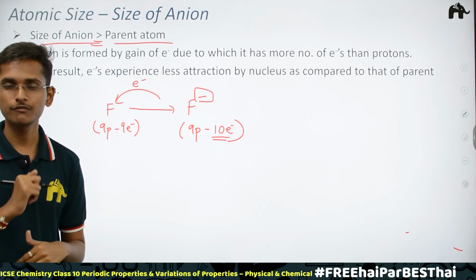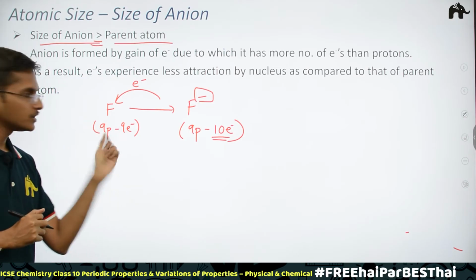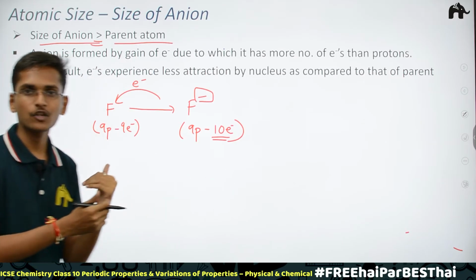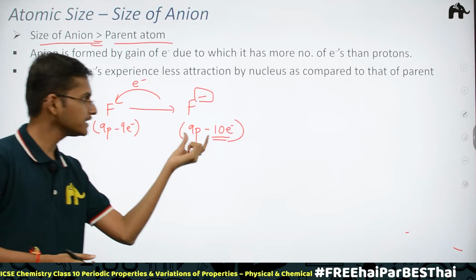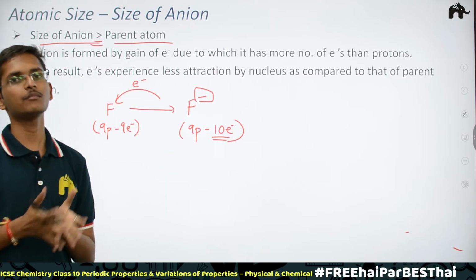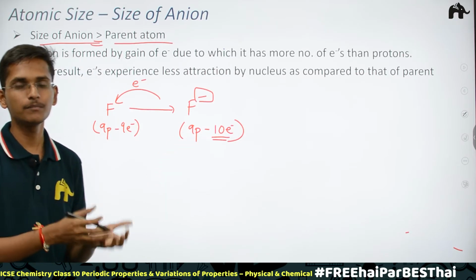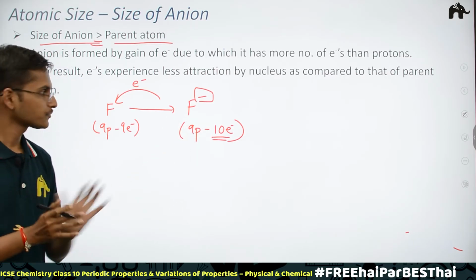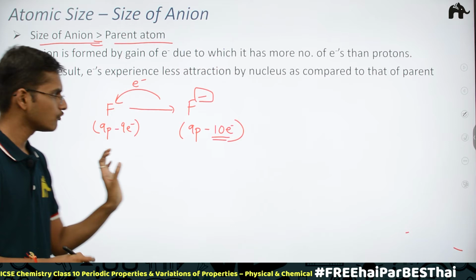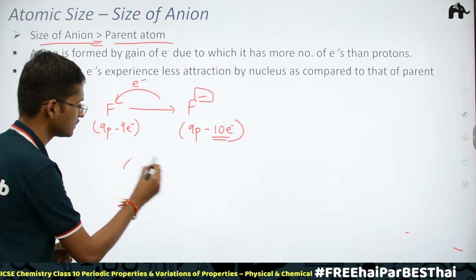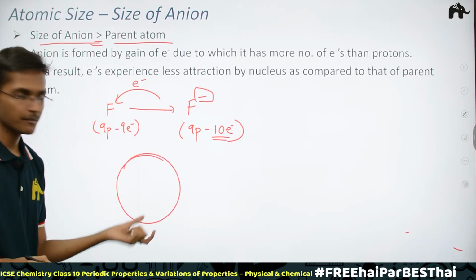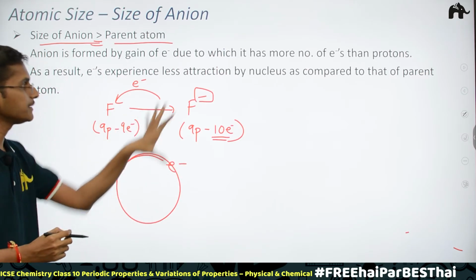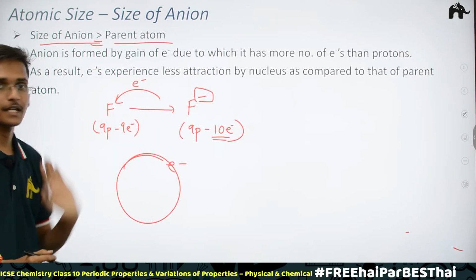Now the same logic we will apply. In this case, the force of attraction, or the force with which the nucleus is pulls the electron, would be more than in this case, because here there are fewer protons for the electrons, so they would pull the 10 electrons with less force, right? Suppose this is a fluorine atom, but after gaining an electron in its outermost shell, it became a fluoride ion, F minus ion.